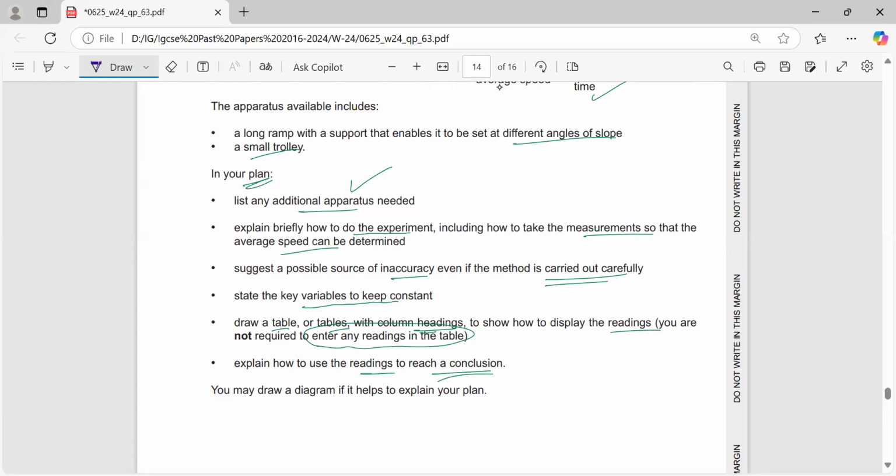You can also write that the surface of the ramp is not smooth, an irregular surface, and points like these.